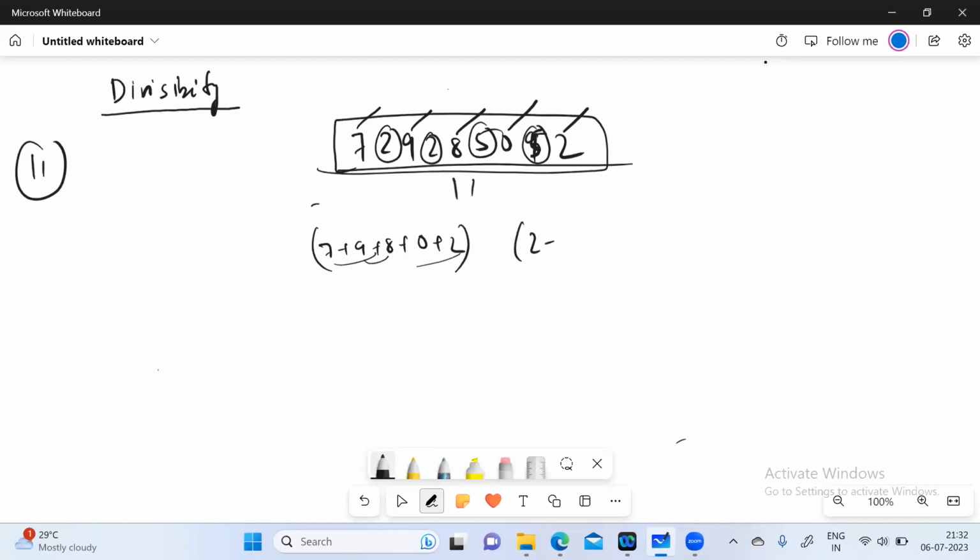Now the sum of the digits of the even places will be 2 plus 2 plus 5 plus 5, so it will be 28. 9 plus 7, 16, 16 plus 8, 24, 24 plus 2. Oh, so the previous one was quite fine, but there was a calculation mistake.